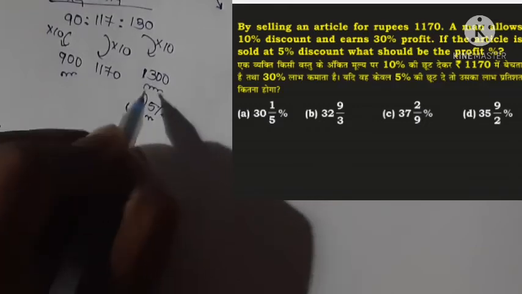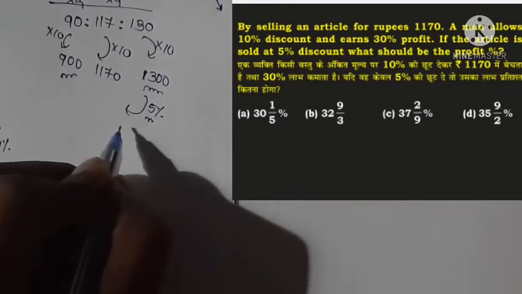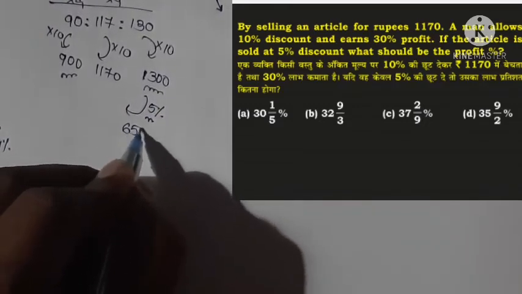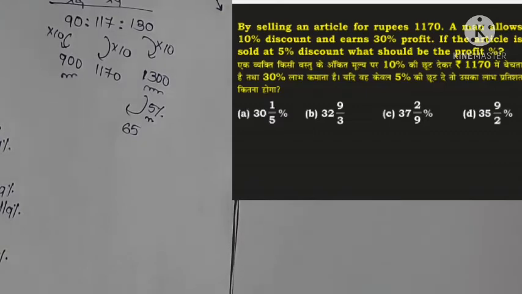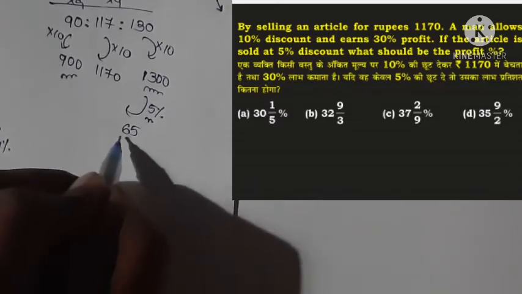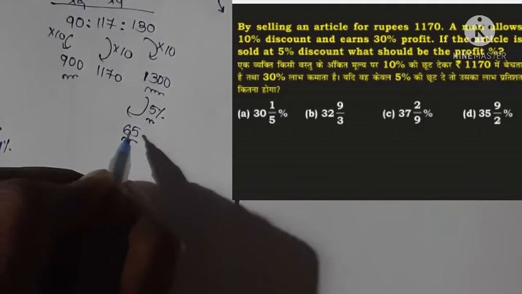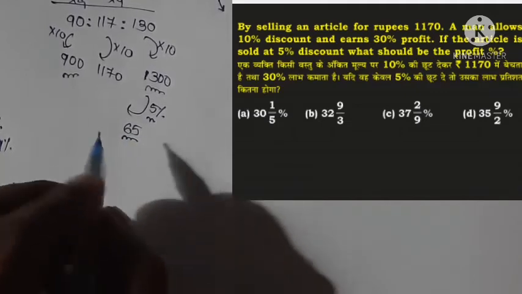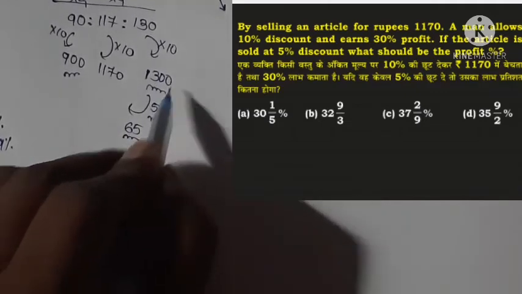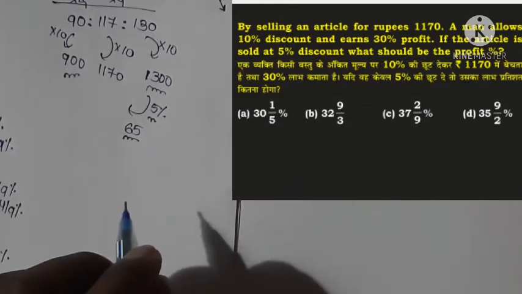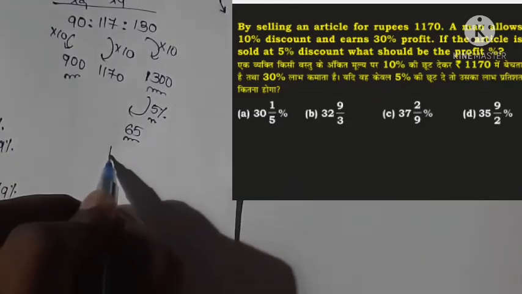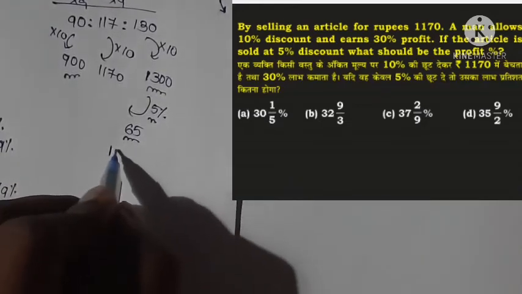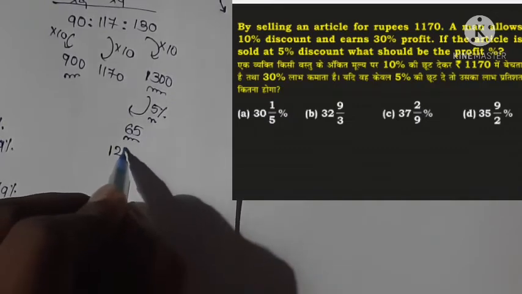So 5% of 1300, the value is equal to 65. So this is the discount. So that means the selling price is 1300 minus 65. So value is equal to 1235.